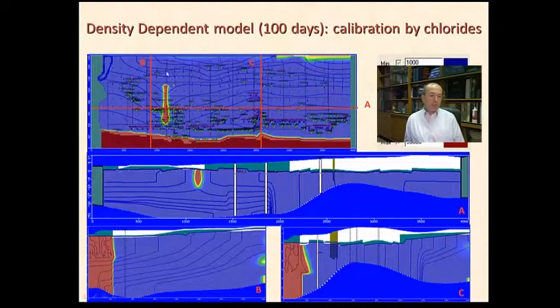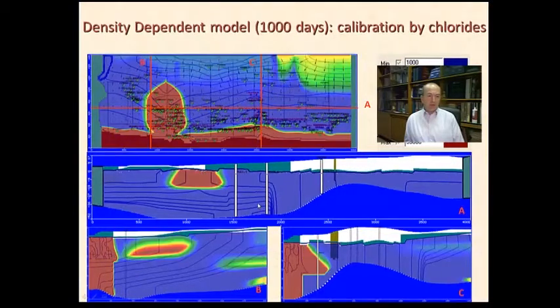But you can see that during the activity of the petrochemical plant, before the realization of the pumping wells, of course there were the losses from the sea canal, and we simulated the losses from the sea canal, as you can see in transect A.